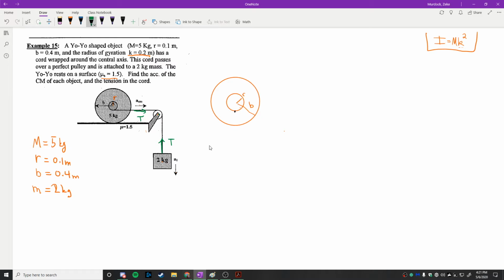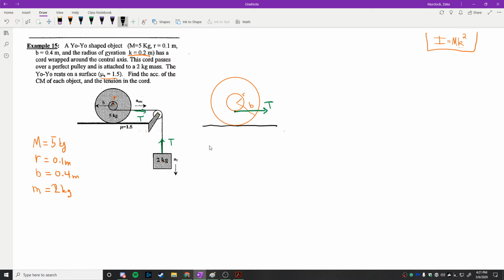So let's now label all the forces that are acting on this yo-yo object here. One of them is that tension T, which points straight to the right. What other forces is this object going to feel? I should also identify that there's a surface down here that it's rolling on.